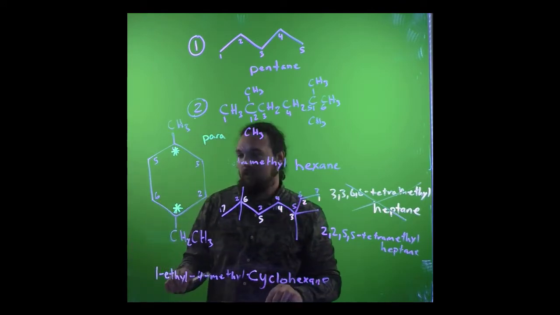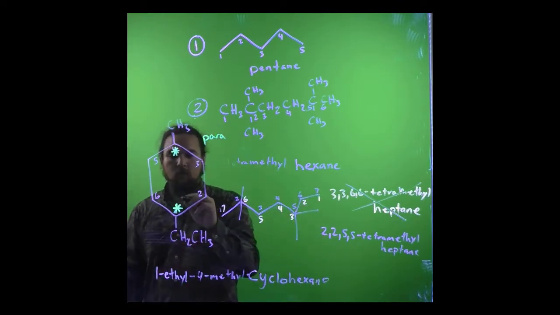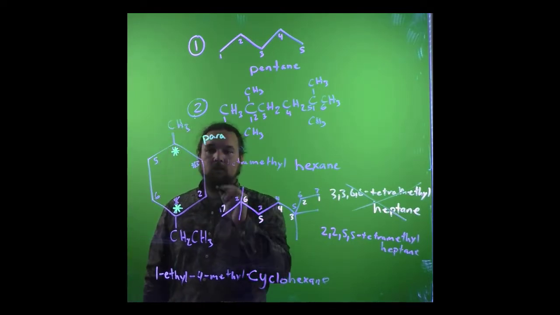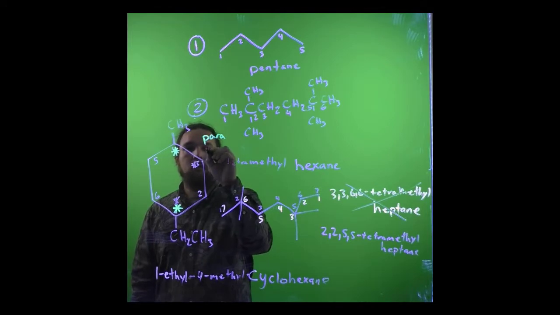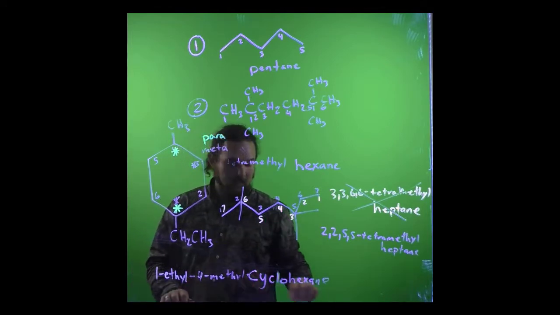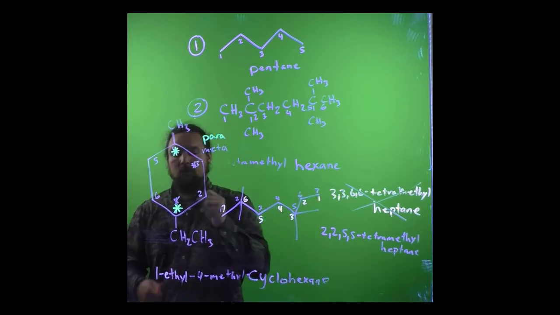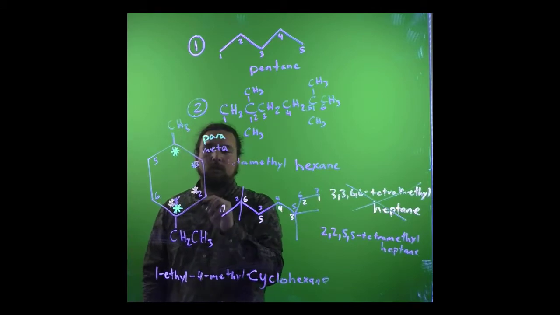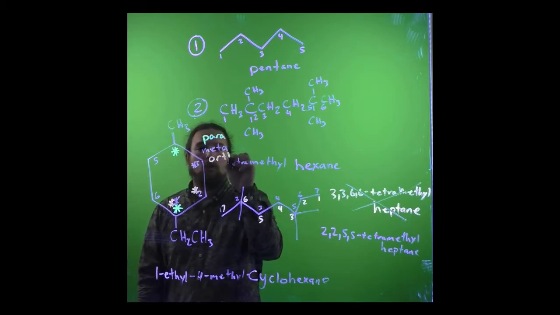If we had substitution that was like 1 to 3 or 1 to 5, since it's symmetrical, this would be called meta substitution. And then lastly, if we have the positions right next to each other, like here and here, or 1-2 substitution, this is called ortho.